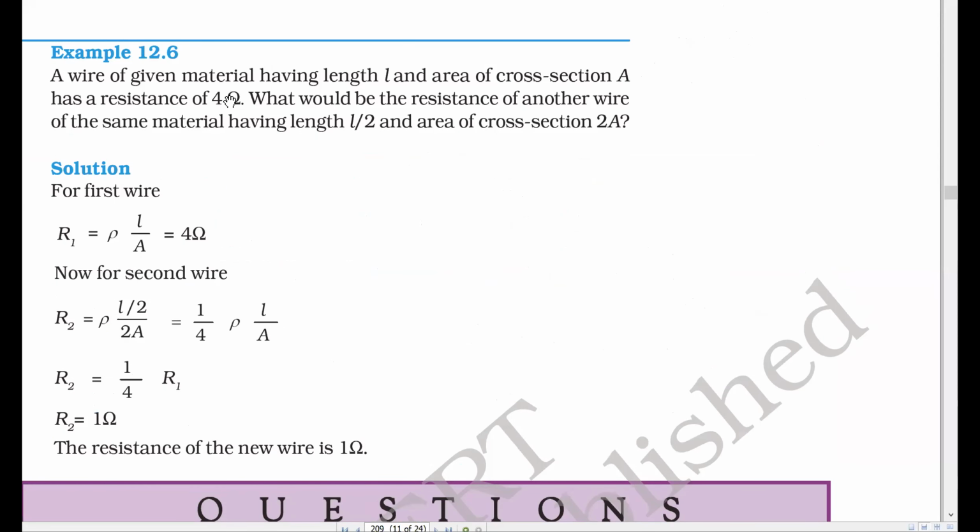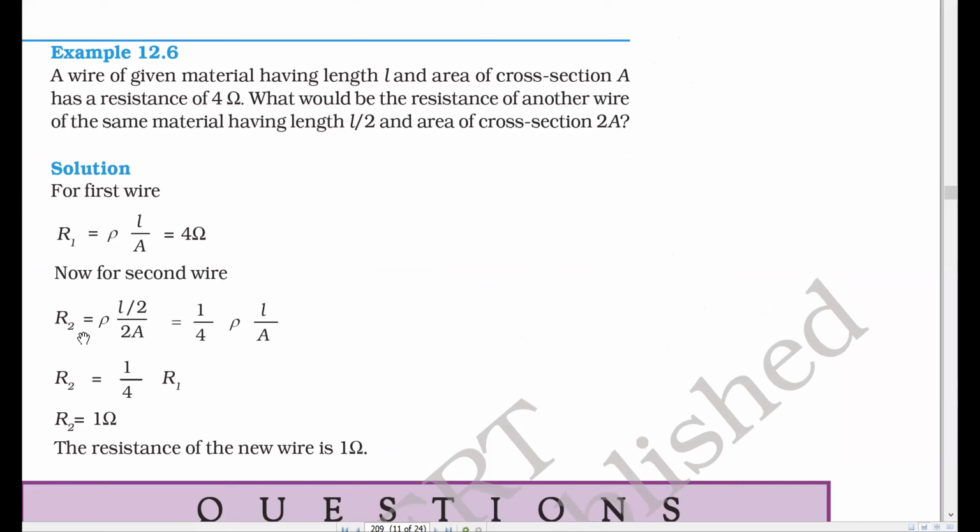A wire of given material, example 12.6, having length L and cross section A has resistance 4 ohm. So suppose R1 is 4 ohm, and it is given that length is L and A is area. The values of L and A are not given, only L and A. Now what would be the resistance of another wire of same material? Same material means rho will be the same for both.